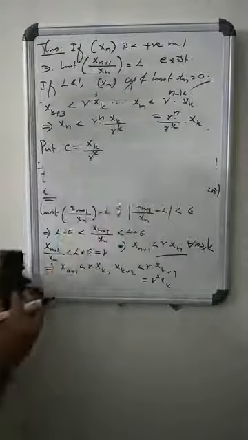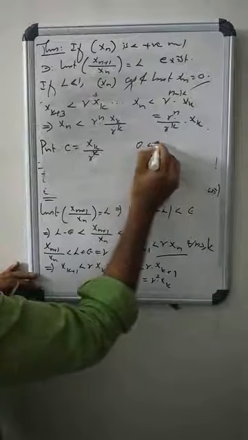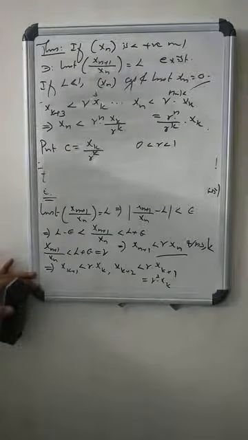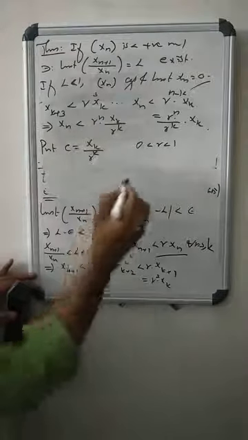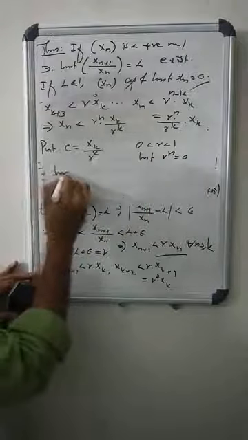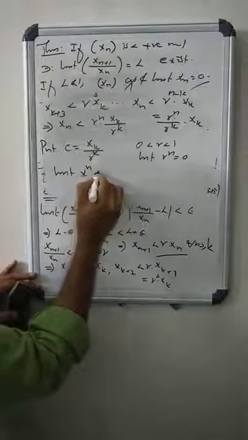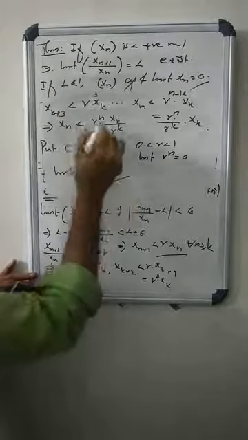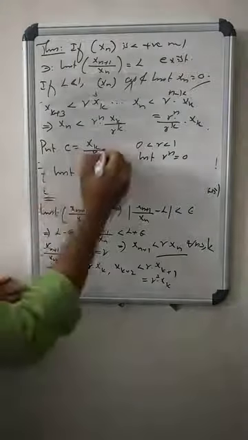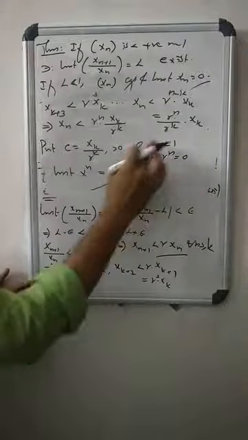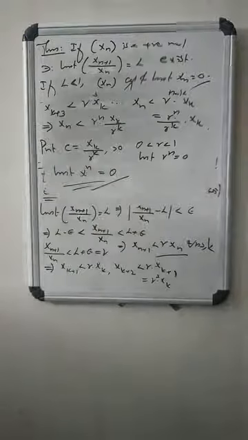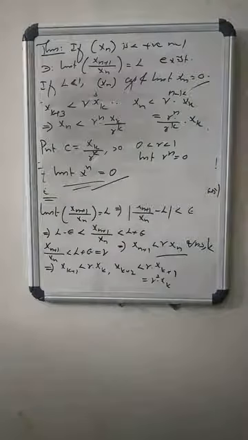But R is also such that 0 is less than R, less than 1. Since 0 is less than R less than 1, we know that limit R to the power n equals 0. So if we take the limit, limit xn is less than or equal to limit R to the power n times C. Since C is clearly positive and limit R to the power n equals 0, therefore limit xn equals 0.